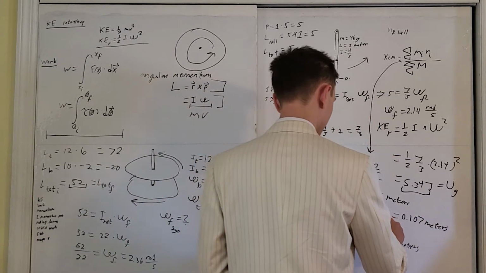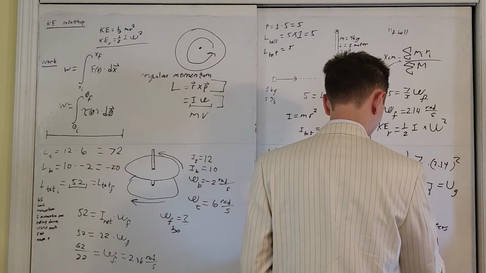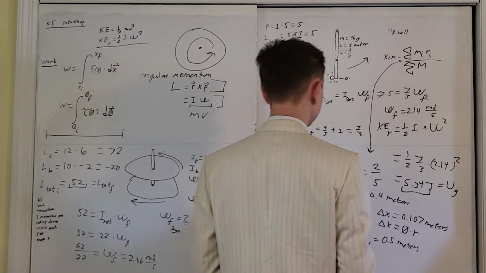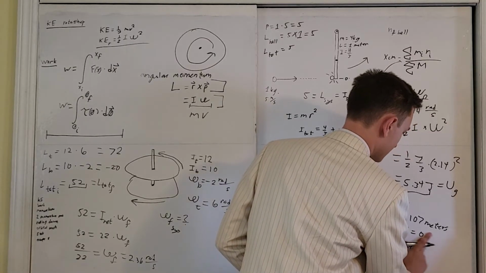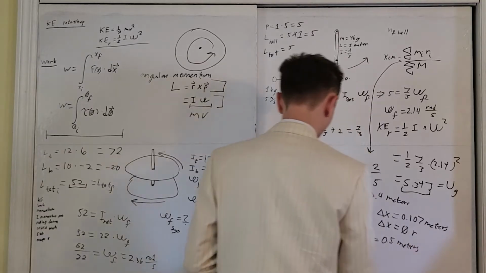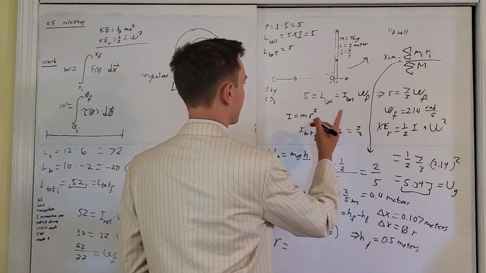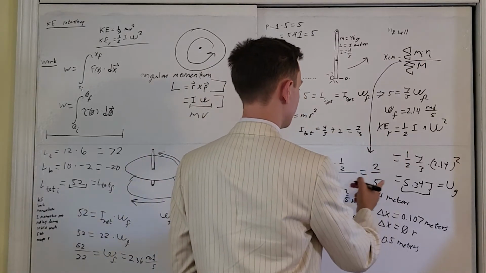Okay, and as we know, delta x is equal to theta times r, the radius of rotation. Our radius of rotation was the distance from our axis of rotation to our center of mass. So our radius is different here. Where did I calculate the radius of rotation?